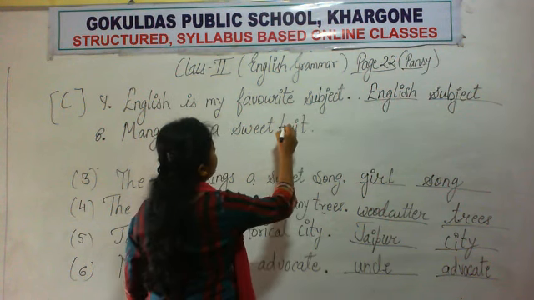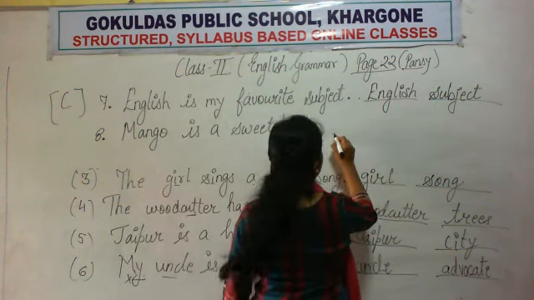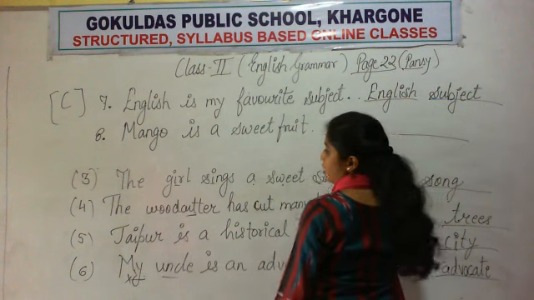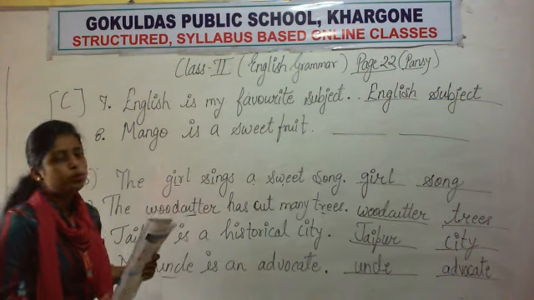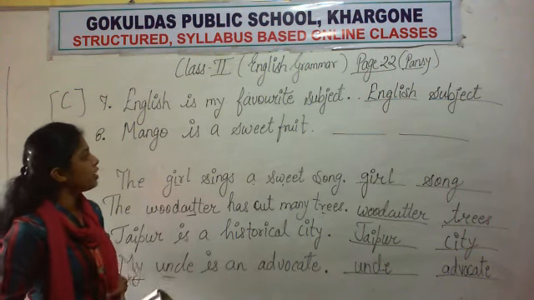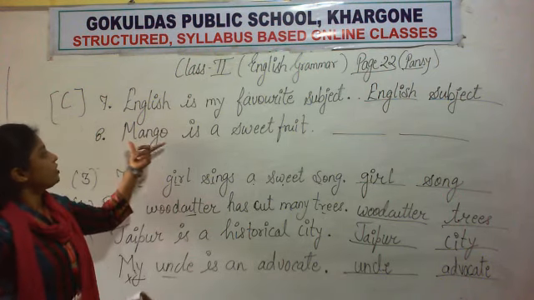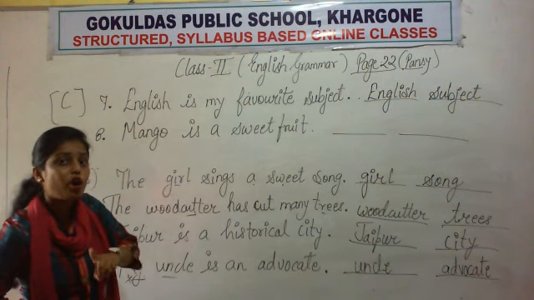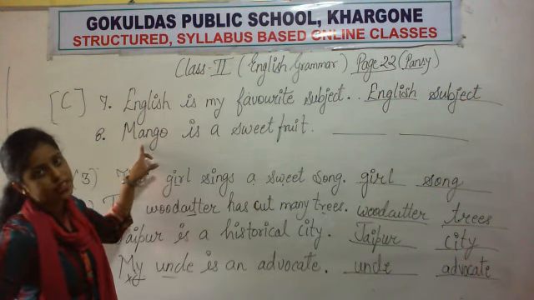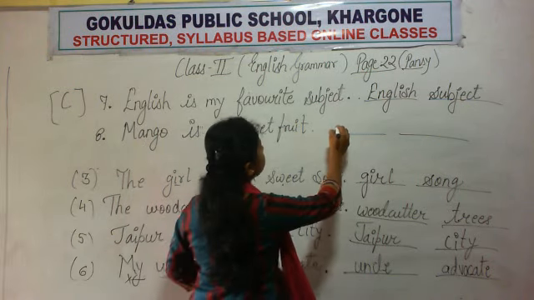Okay. Mango एक sweet fruit है. What is a mango? Mango is what? It's a sweet fruit. So, can you suggest me what is the noun here? Let's talk about mango. It is the name of a fruit. So, name of a fruit. So, mango, this word is a noun. Yes, it is a noun.